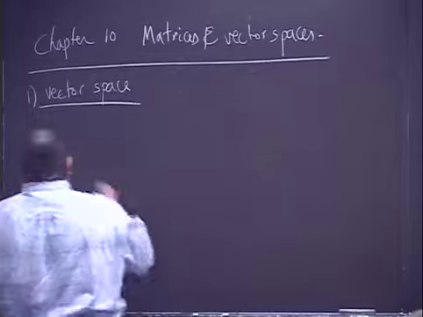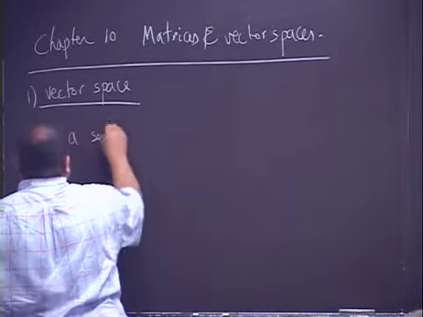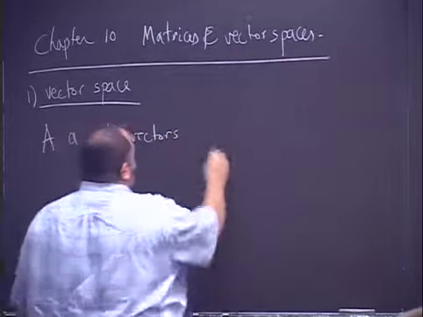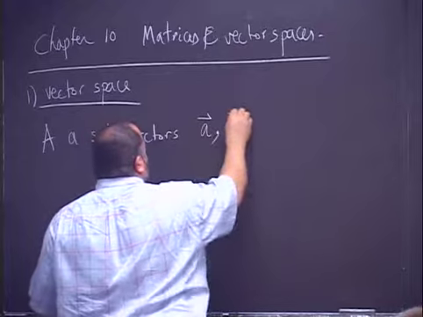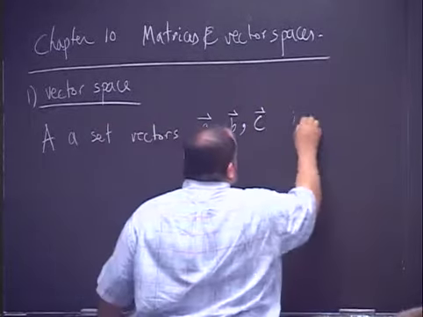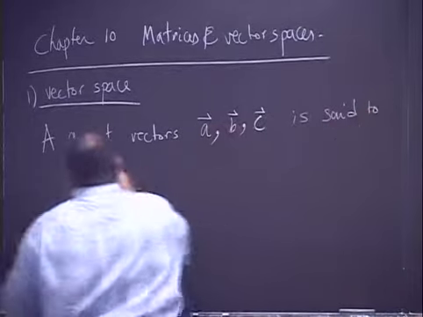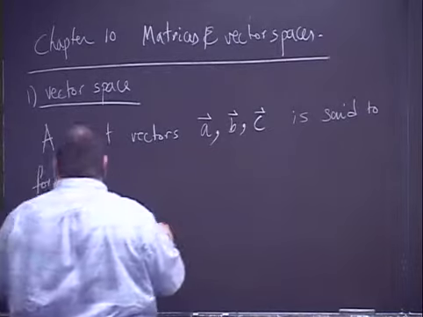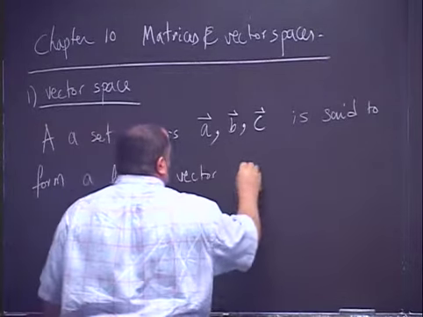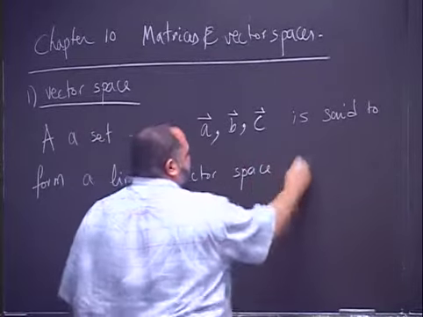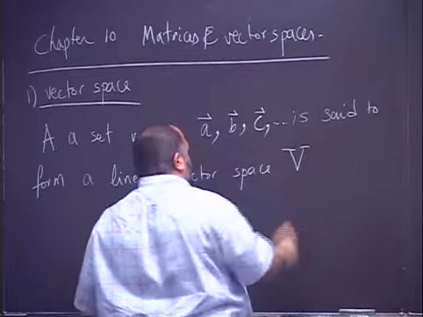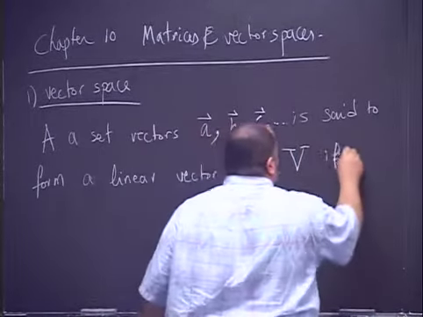So if we have a set of all vectors, let's assume that we have vectors A, vectors B, vectors C, and so on, it is said to form a linear vector space V. So we have a vector space named V of vectors A, B, C, and so on, if certain conditions are fulfilled.